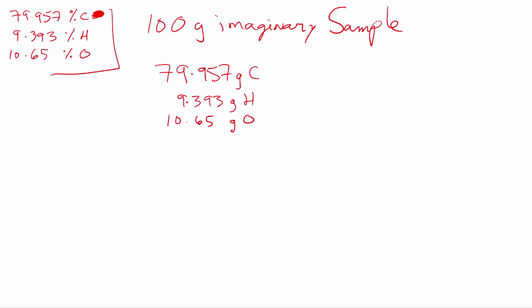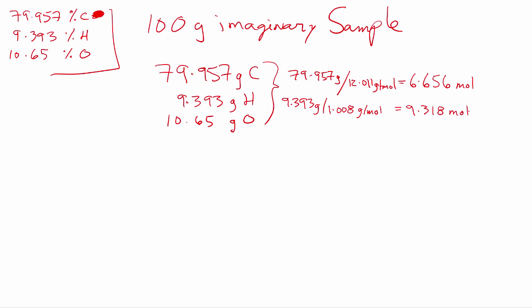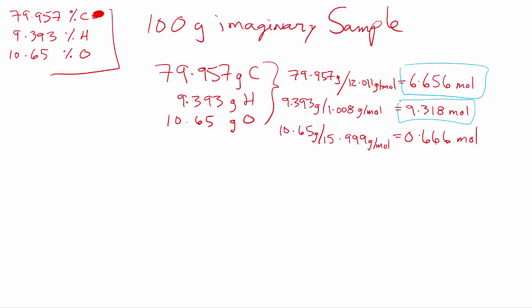So what we have to do is convert these grams into moles. So let's do that right now. And you should get answers like this: 6.656 moles of carbon, 9.318 moles of hydrogen, and 0.666 moles of oxygen.